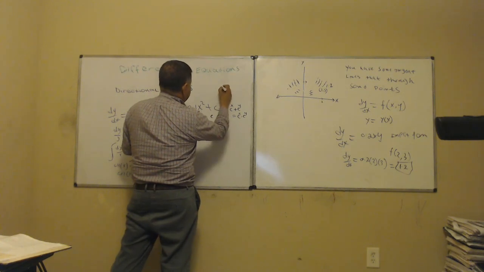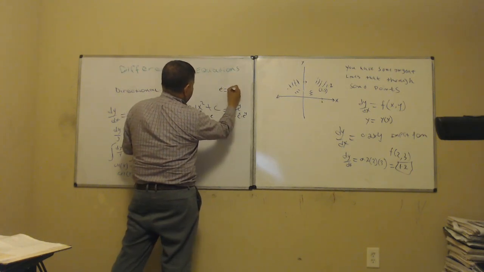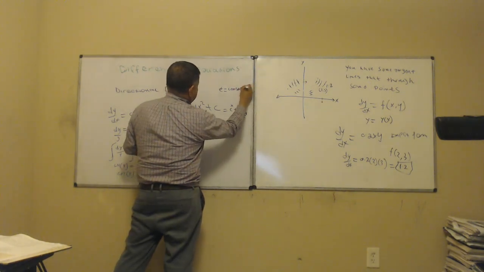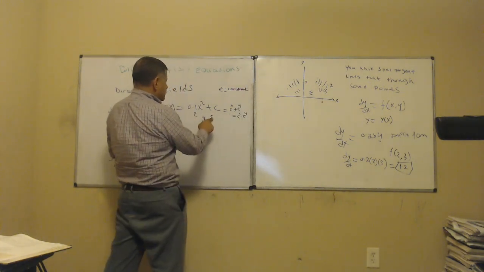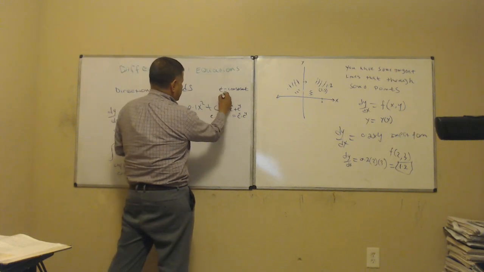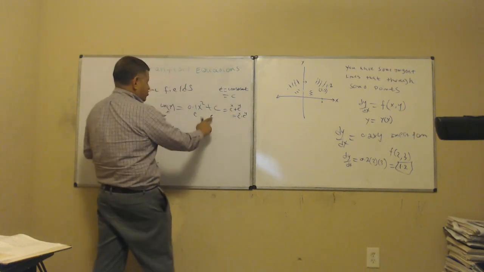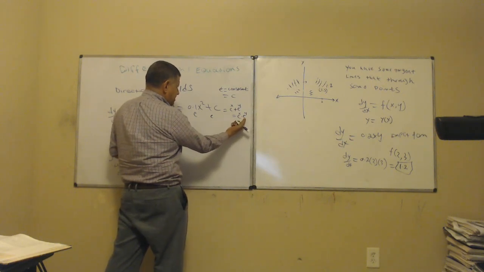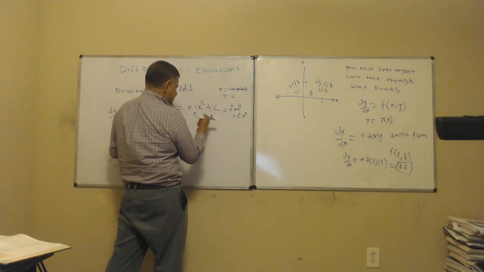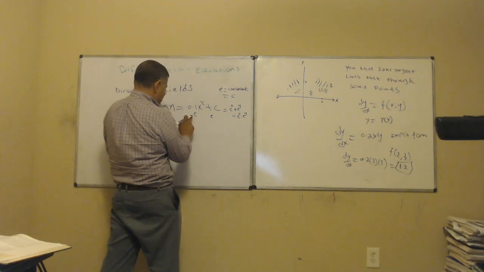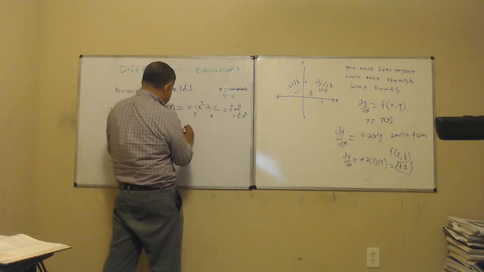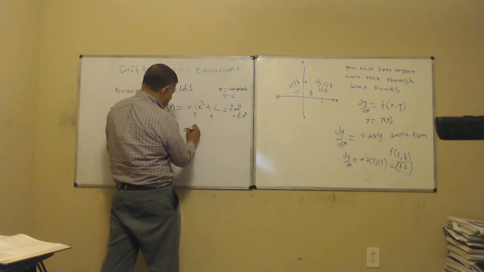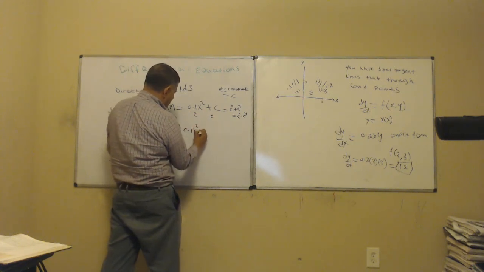So e to the c is equal to a constant, then this just becomes, I can say, a c, because it's just a number. So what I will do is bring this c to here and put it right there, in front of this. So technically this is c times e to the x squared.